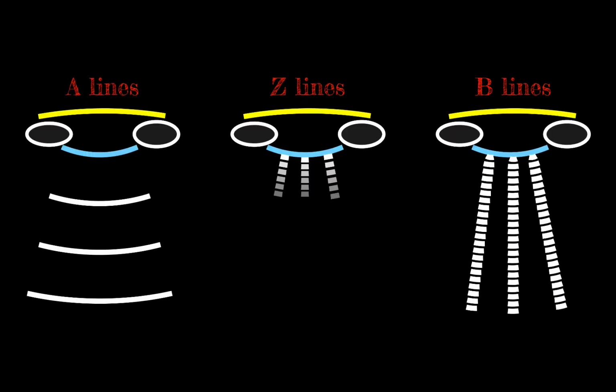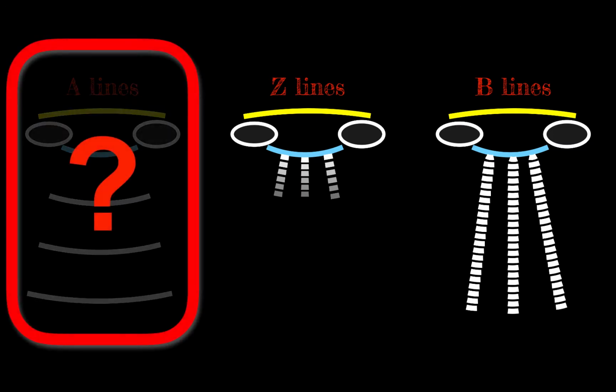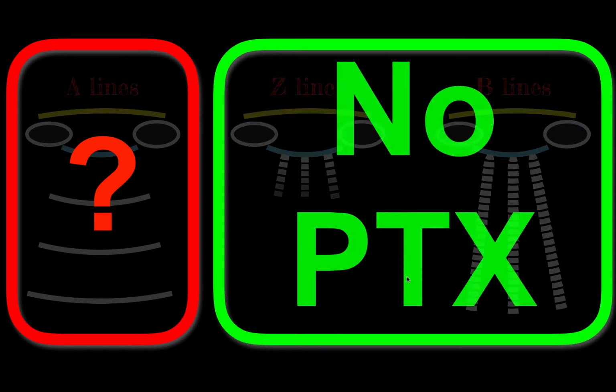Let's summarize this portion. A-lines can be present in pneumothorax or no pneumothorax, so they don't tell you anything about the presence of a pneumothorax. However, B and Z lines will both rule out a pneumothorax, and B lines will typically represent very dense and volume tenuous patients.